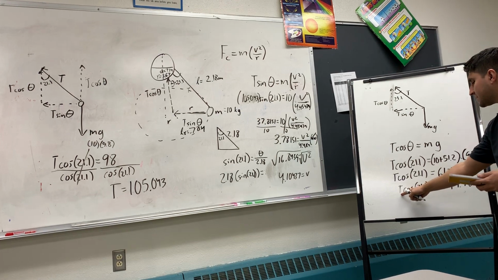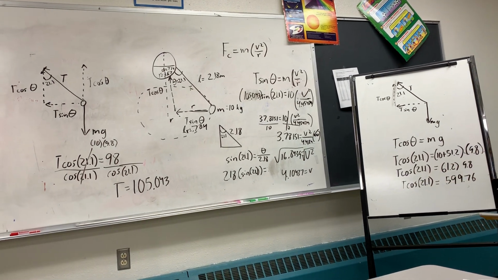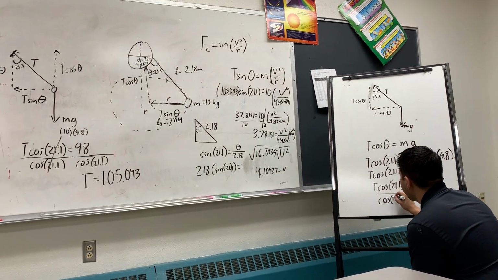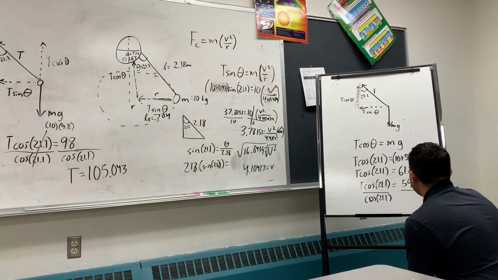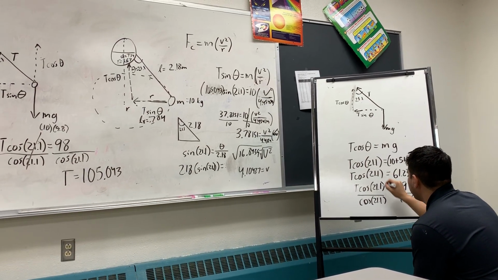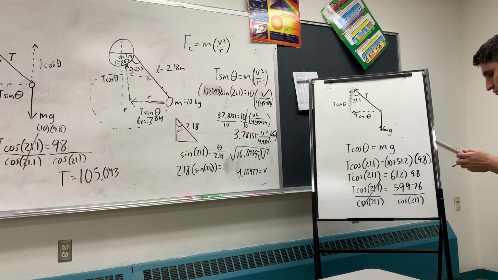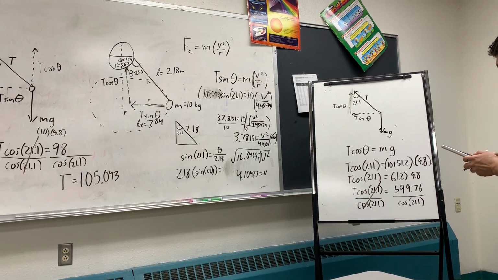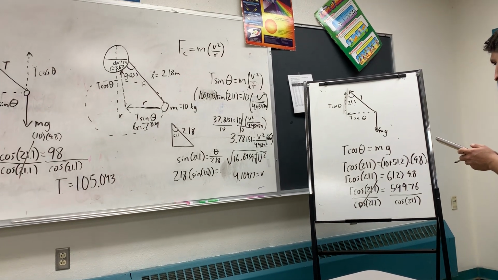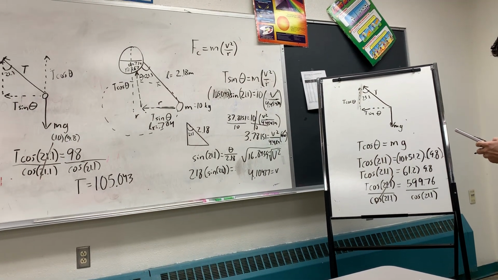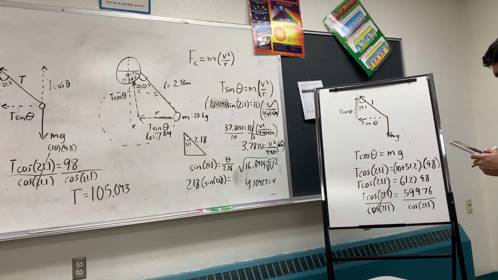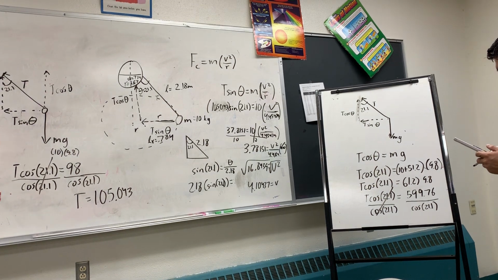So I want tension by itself, so I'm going to divide both sides by cosine of 21.1. That divided by cosine of 21.1 gives me 642.